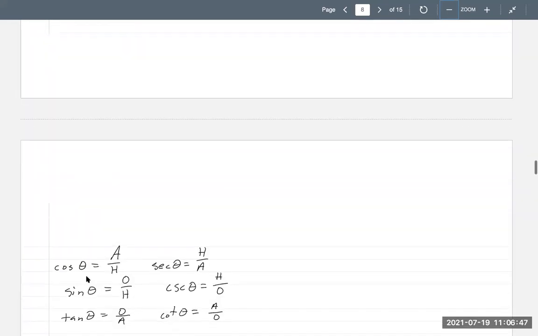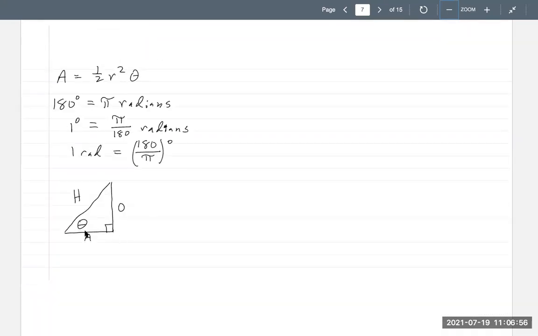And so the cosine of theta is adjacent over hypotenuse. So A here is the length of the adjacent side. O here is the length of the opposite side, the side opposite the angle. And H here is the length of the hypotenuse, the side opposite the right angle.